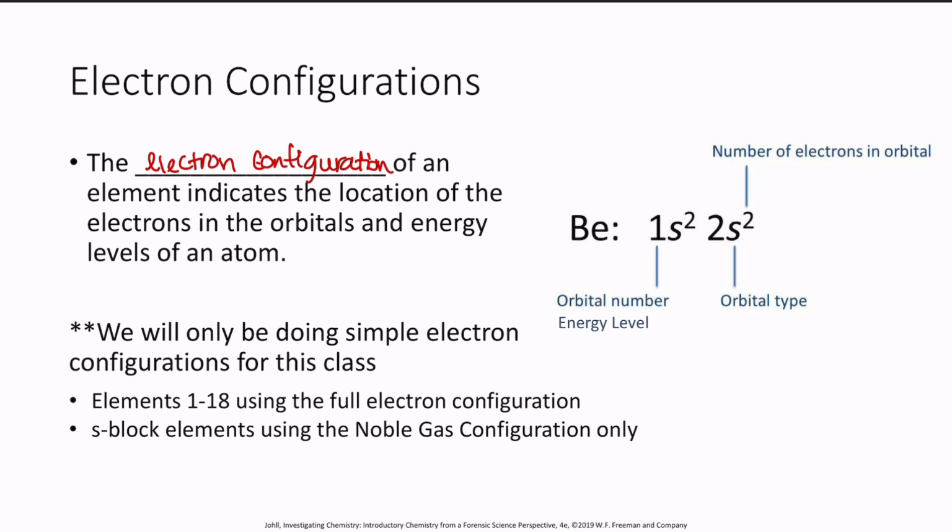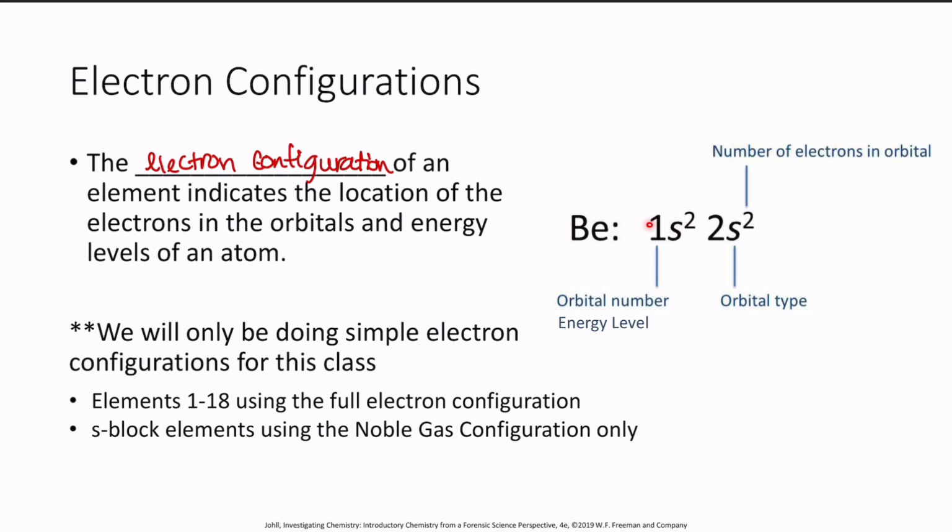Exactly. It has to have 4 electrons as well. Those electrons are going to exist in very specific places. The number out in front tells the energy level that the orbital is in. Then we have our orbital, which orbital it's in. And this number up here is the number of electrons. So, beryllium has 4 total electrons.